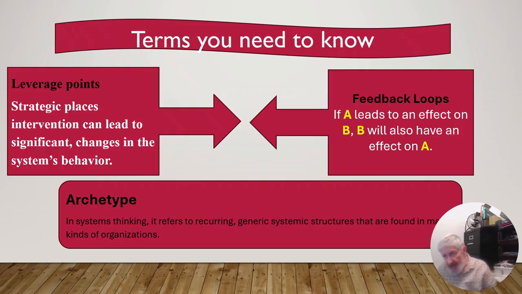So when there are many elements interacting, the result is many causes and effects. And so feedback is just like you would think the word is being used. It gives information. Each part gives information to the other.